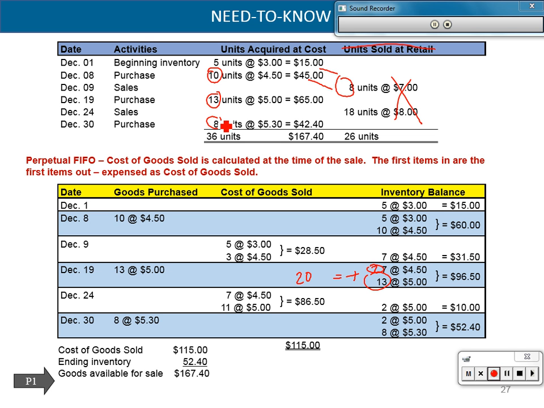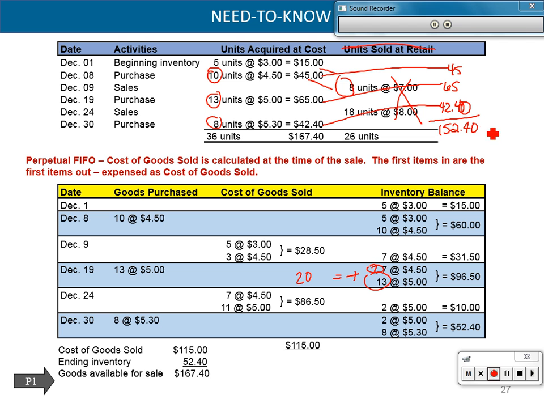Why do I say that? This is why it's so important. Purchase 10 units at $4.50 equals what? $45. And then 13 units, that was the $65. And then here we had 42.40. All of this added together equals what? $152.40.